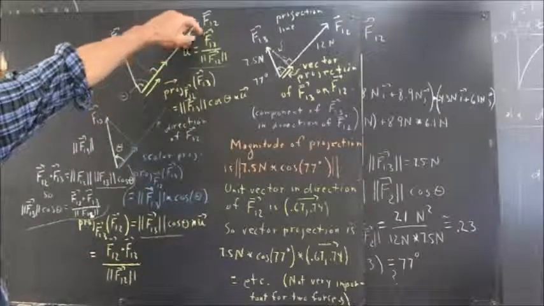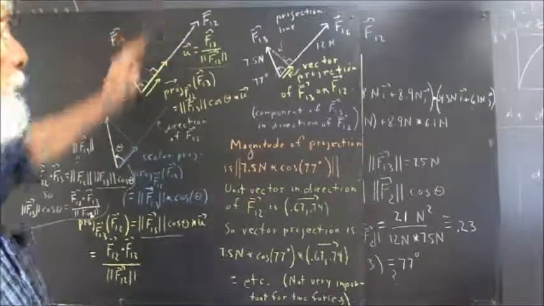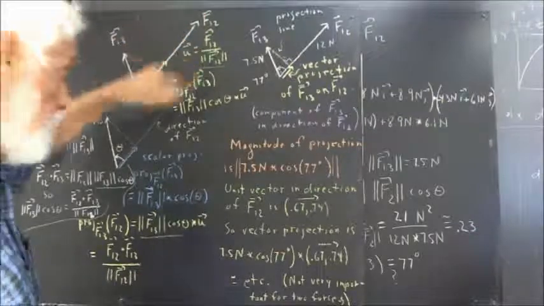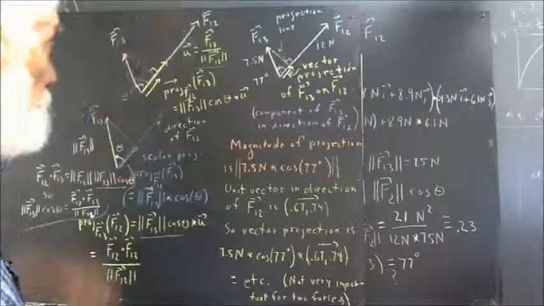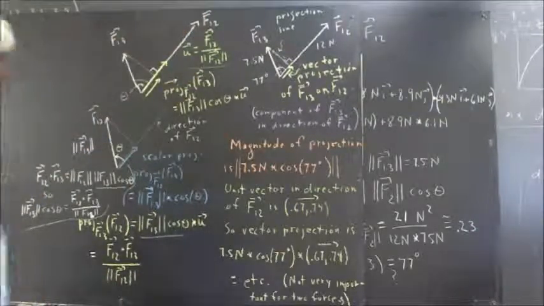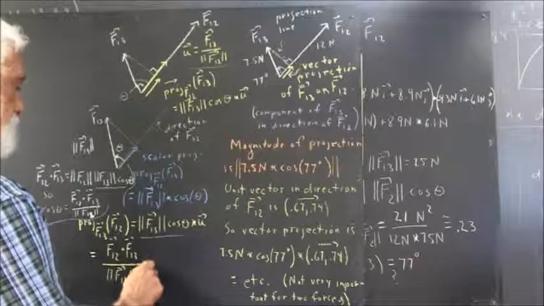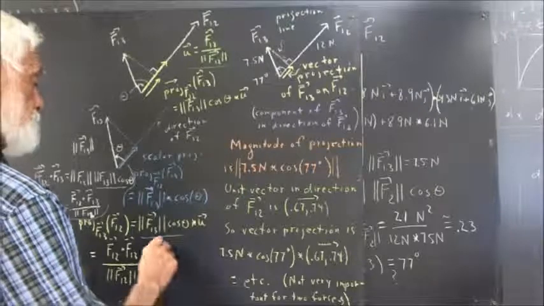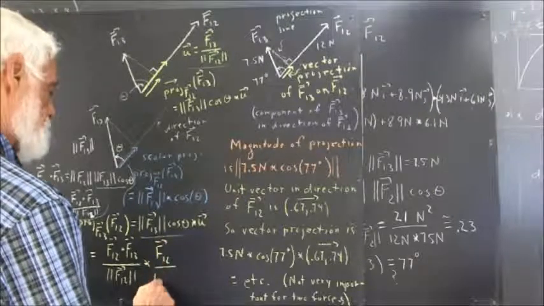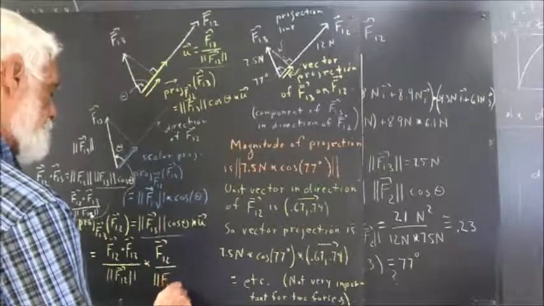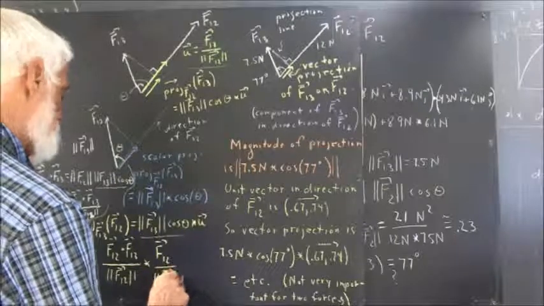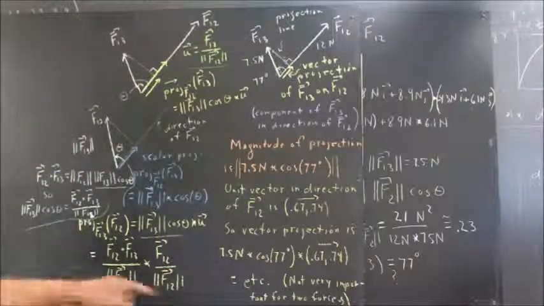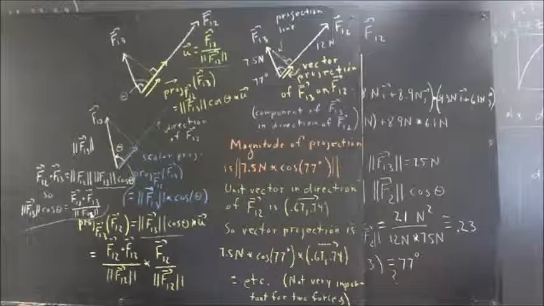Well, our unit vector is just what we get when we divide F12 by the magnitude of F12. It's a vector in the direction of F12. So that's multiplied by F12 divided by the magnitude of F12. And right there we have the calculation scheme for projecting one vector on another.